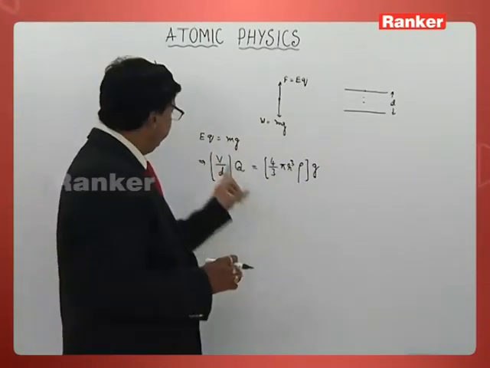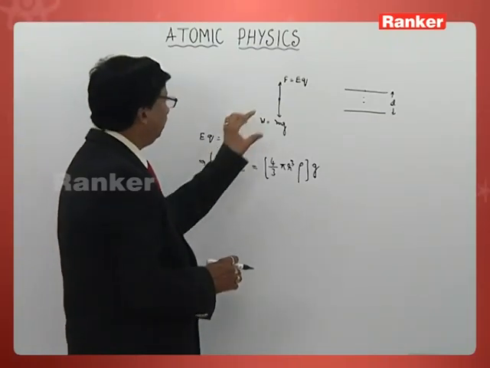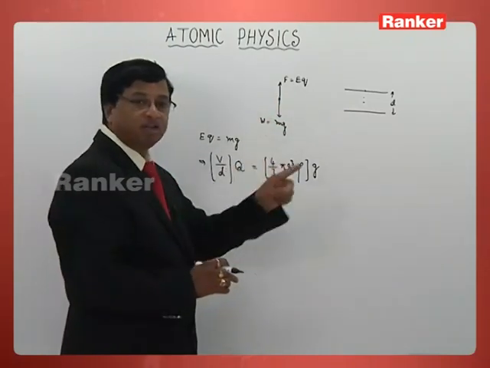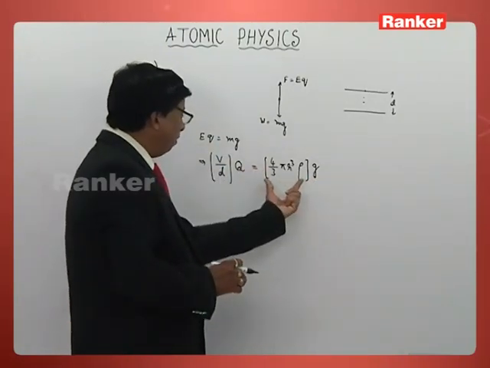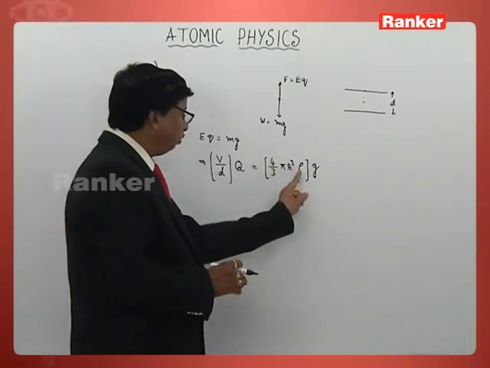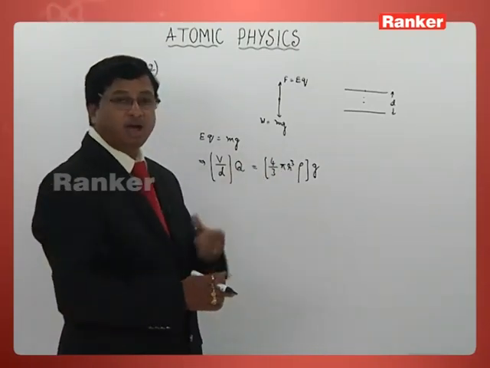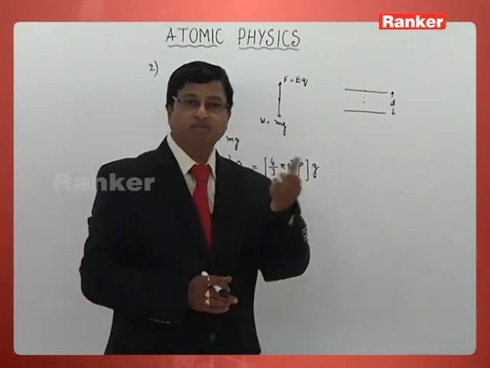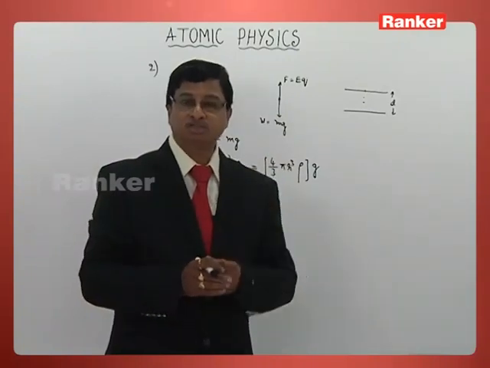Out of that, E I have written as V by D, that is potential difference divided by distance of separation between the parallel plates across which the electric field has been applied, into the charge of the particle, is equal to mass being volume into density, 4 by 3 pi r cube into rho into g. Rho is the density of that liquid of which that oil drop has been taken, that oil only. So rho is the density of that oil of which the drop has been considered here.